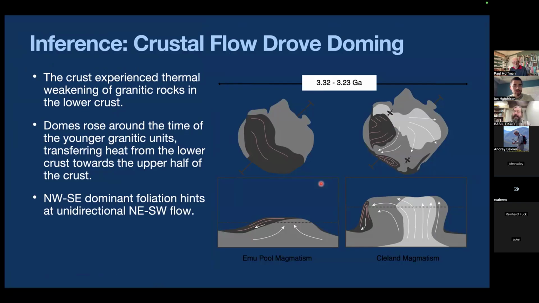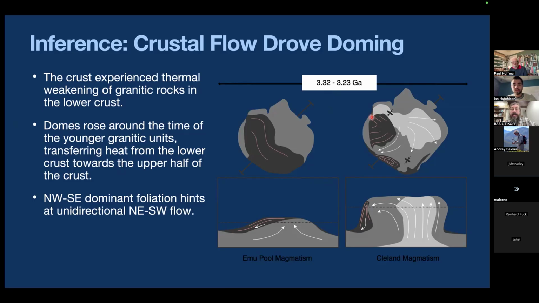So the idea is you have this long-term magmatic centers, and particularly the Emu Pool and the younger Cleland come in at the same time, about 20 million years apart, and those are the two that seem to be in the sort of 3.32 to 3.23 broad range. It could be as short as 3.3 to 3.28 range. They seem to be what's driving it, in the absence of major extensional events.